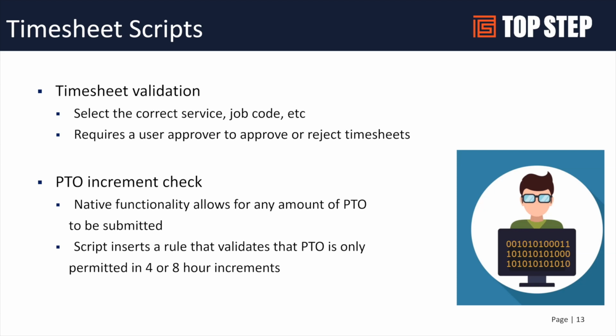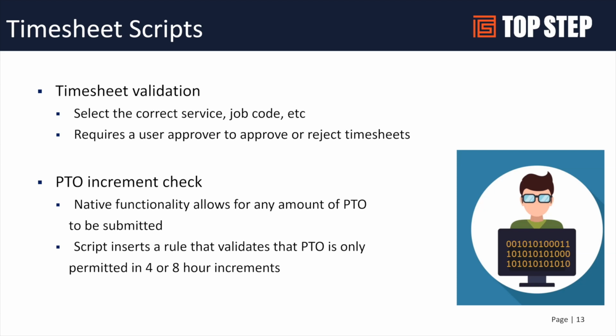So again, it follows the same sort of timesheet validation as we did with the planned hours. It goes through an approval process that evaluates, is the job code selected a valid job code versus what's in the billing rules? Is the service a valid service? If it finds it's not, it will reject it, and then otherwise it approves it forward to the next approver.